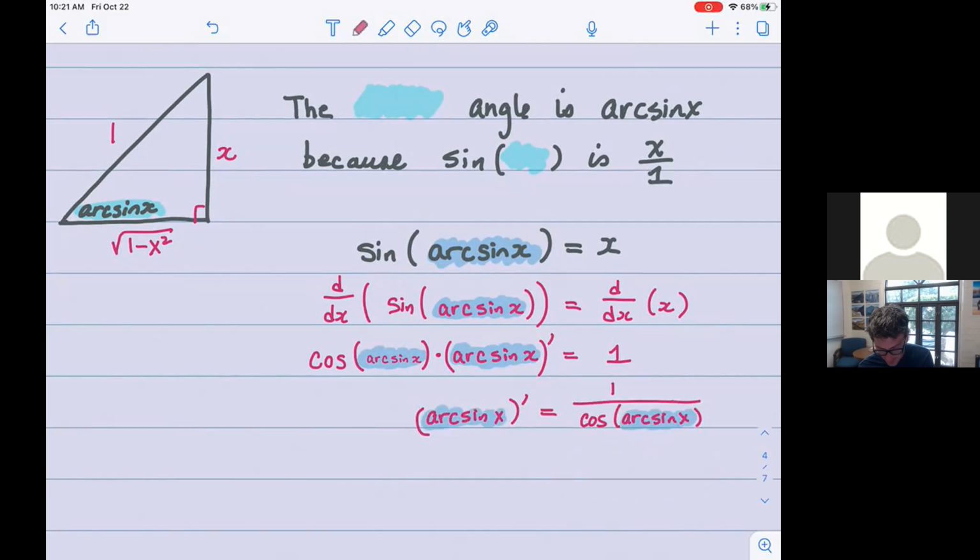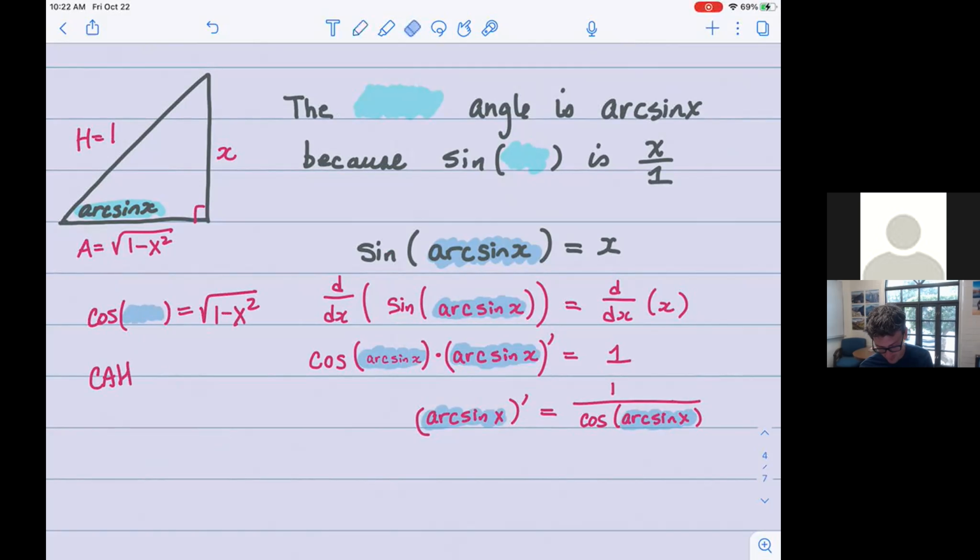Yeah, I do, it's right here. So I have that blue angle labeled. And so now I can say, I bet I can do cosine of the blue angle. SOHCAHTOA says it should be adjacent over hypotenuse. So this is my adjacent, this is my hypotenuse. And so it should be the square root of 1 minus x squared.